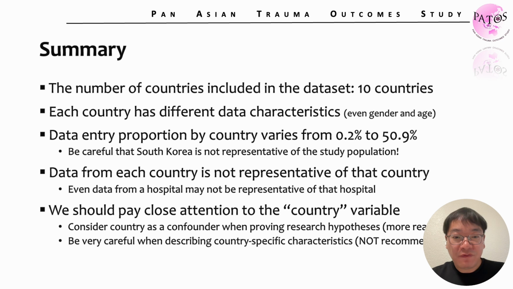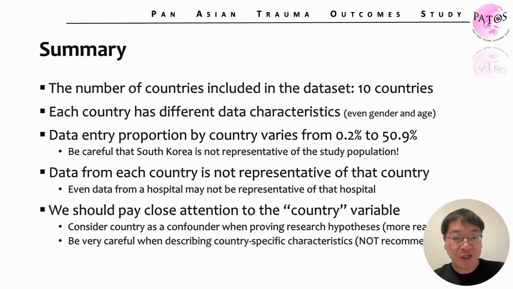And you should be careful that South Korea is not representative of your study population. And data from each country is not representative of that country. This is very important. You should remember that, one more time, data from each country is not representative of that country. And even data from a hospital may not be representative of that participating hospital.